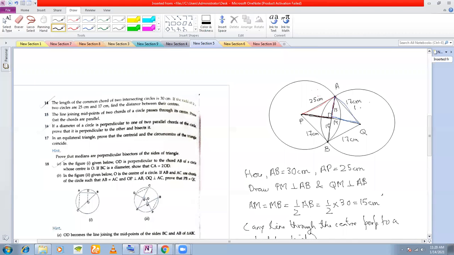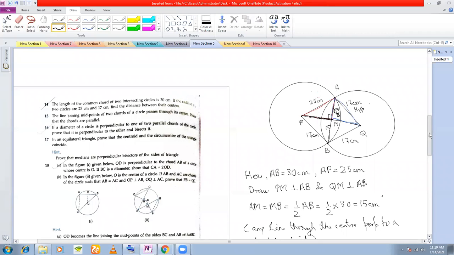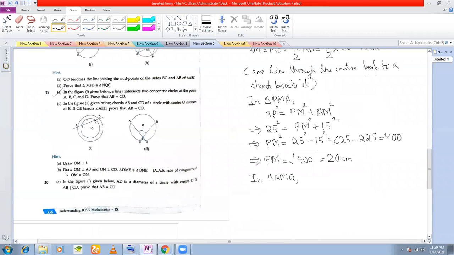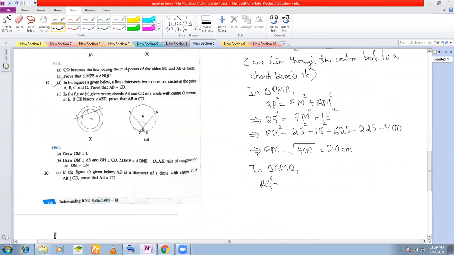This is my hypotenuse. This is my base, 15. And we need to find out MQ, which is the perpendicular. So AQ square is equal to AM square plus MQ square.